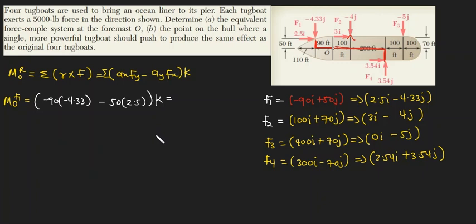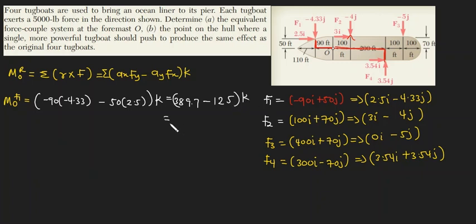So let's simplify this and see what you are going to get. We are going to have minus 90 multiplying minus 4.33. That will give us a value of 389.7. And then you will subtract 50 times 2.5 from that, so minus 125.